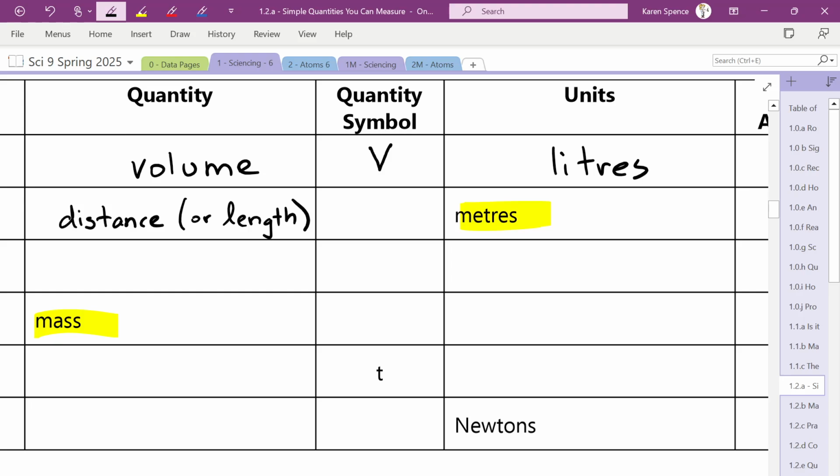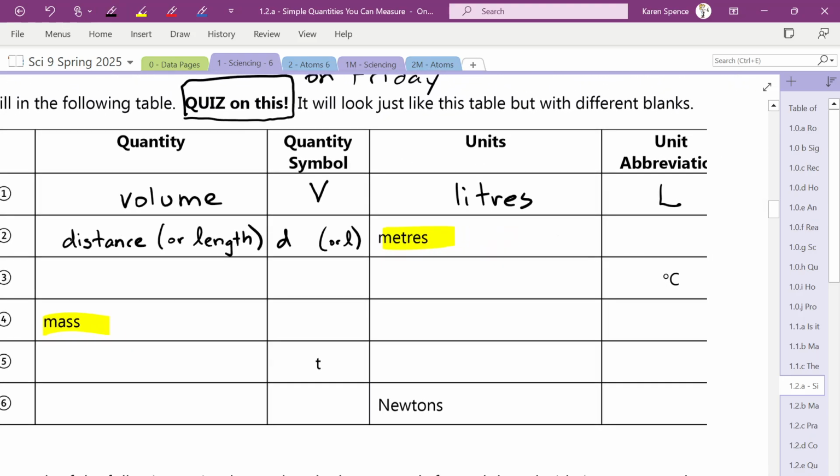If you don't remember length, that is okay. What is the symbol for distance? Lowercase d or L. And then finally, our unit abbreviation is, for meters, lowercase m.